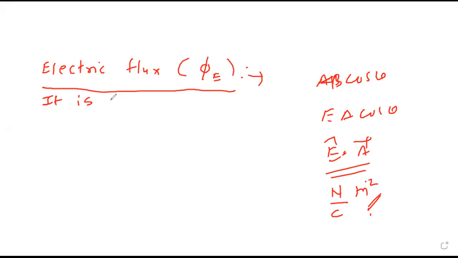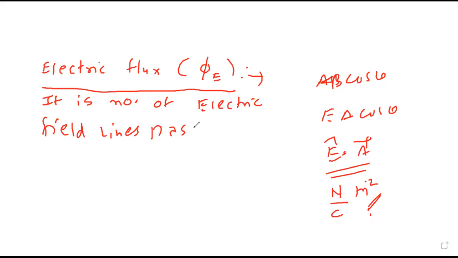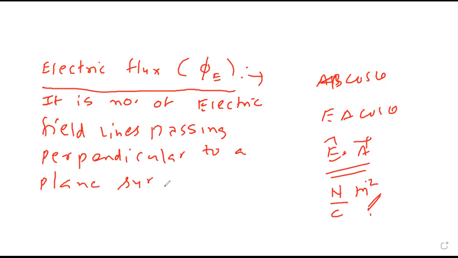It is the number of electric field lines passing perpendicular to a plane surface.